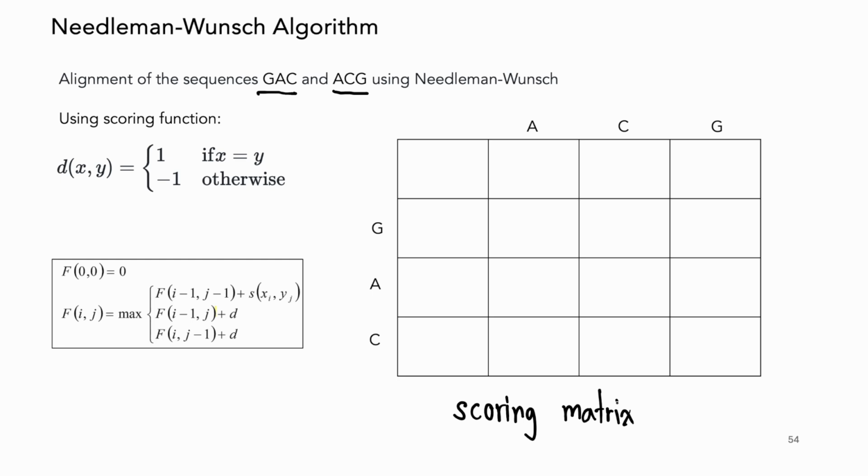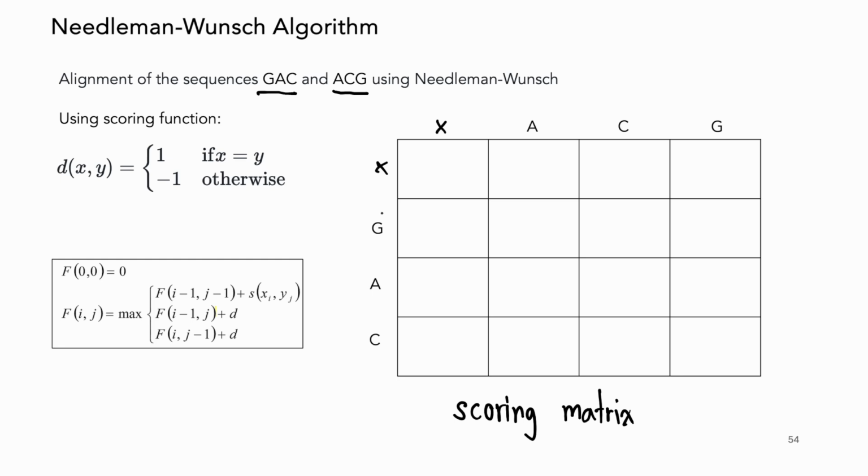Shown here is our scoring matrix. The scoring matrix is a table, and we have to put the score in each cell of the table. One thing to remember when making the scoring matrix is that we will skip the first row and the first column, leaving this cell as a blank cell.